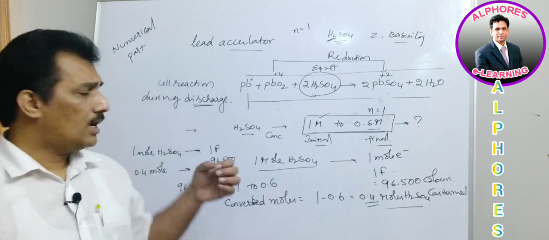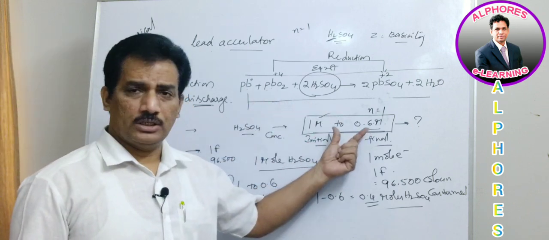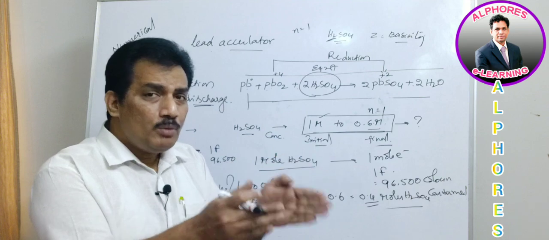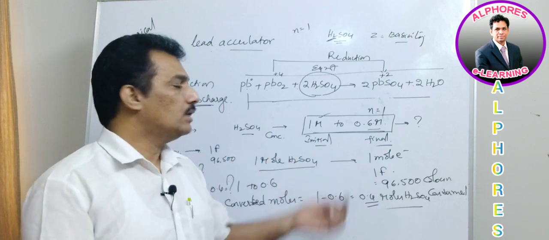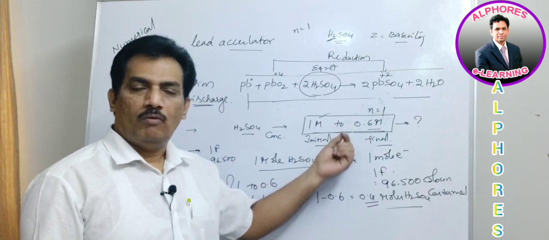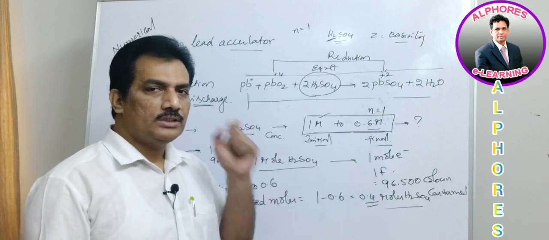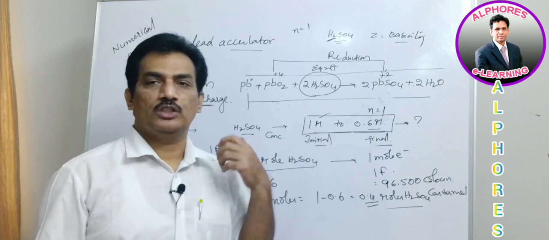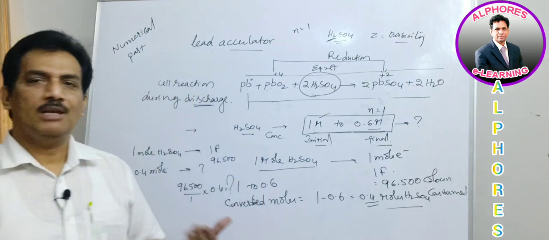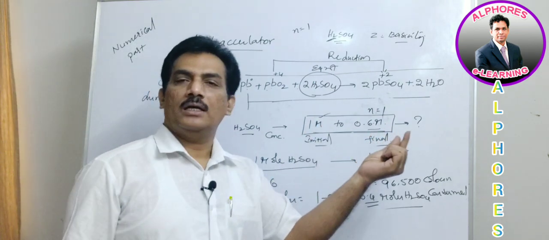Just when they provide this type of calculation, the problem seems to be bigger, but the concept is simple. Depending on the data they provide, you have to consider how many moles of H2SO4 are consumed. It can be measured from these molarity calculations.